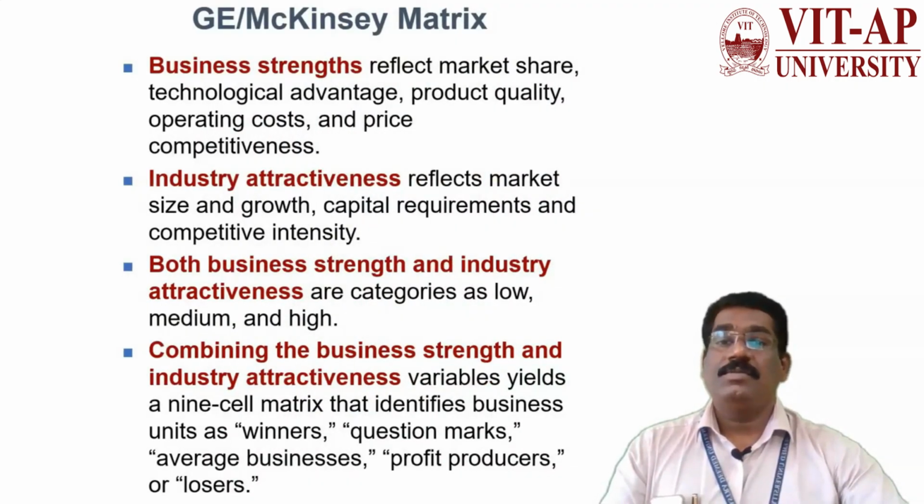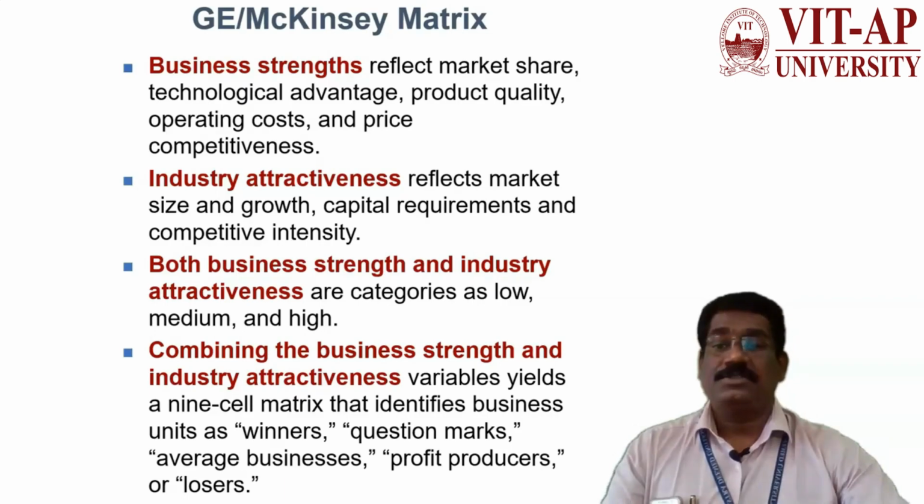When you talk about business strength, it reflects the market share, the technological advantage of the product, the product quality, the operating cost of the product, and also price competitiveness. So the dimension of business strength is clearly determined by market share, technological advantage, product quality, operating cost, and price competitiveness.